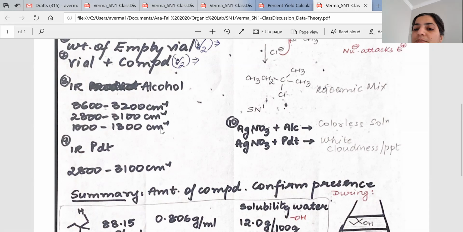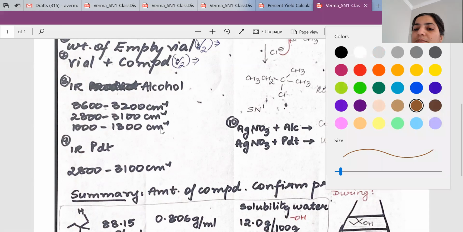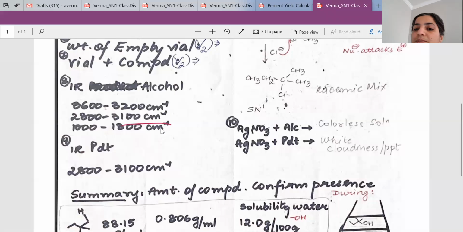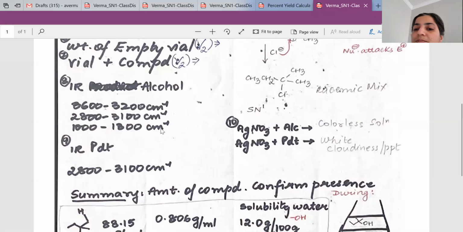This indicates that your alcohol is still there. But if your AgNO3 test with product is also colorless, then you have not formed the product at all.